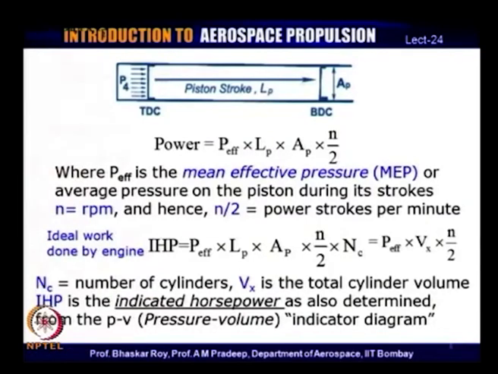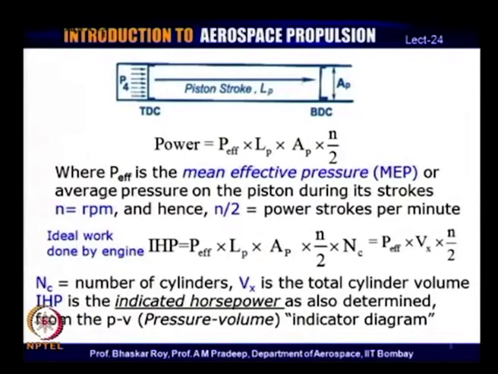Now, this of course tells you that if you have a longer piston stroke, you get more power. If you have a bigger piston area, you get more power. If you have a higher mean effective pressure, you can get more power, or if you are in a position to run the engine at a higher RPM, you can get more power. Now, let us look at these parameters quickly again.